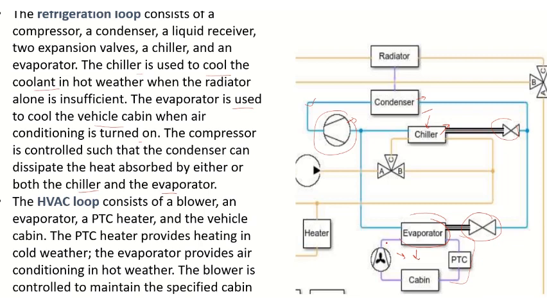The second one is the HVAC loop, this part. It consists of one blower, it's nothing but a fan, an evaporator, a PTC heater, and the cabin. So the PTC heater provides the heating in cold weather.